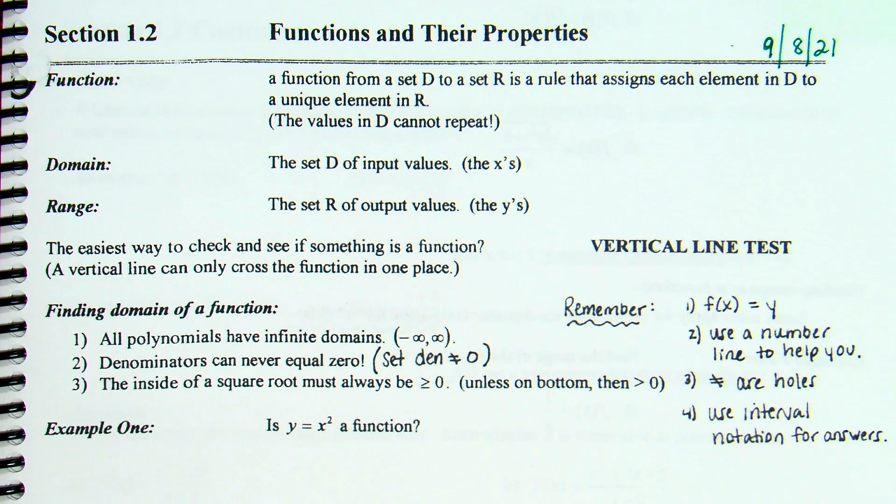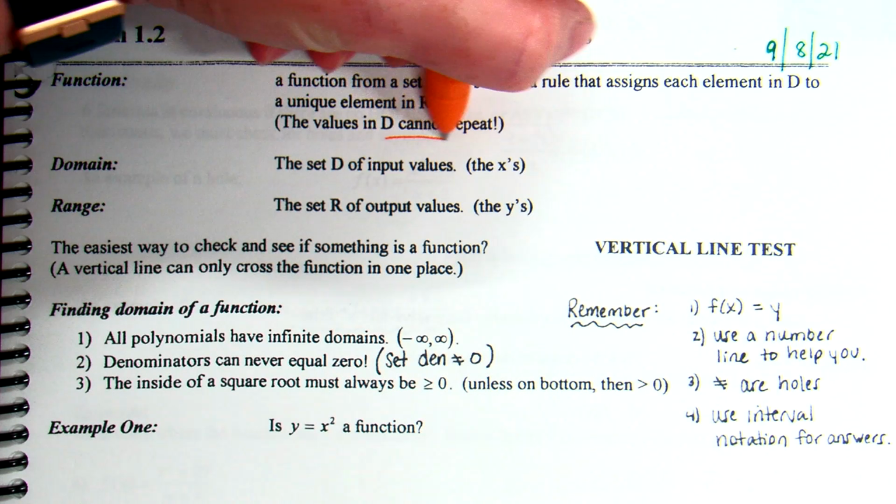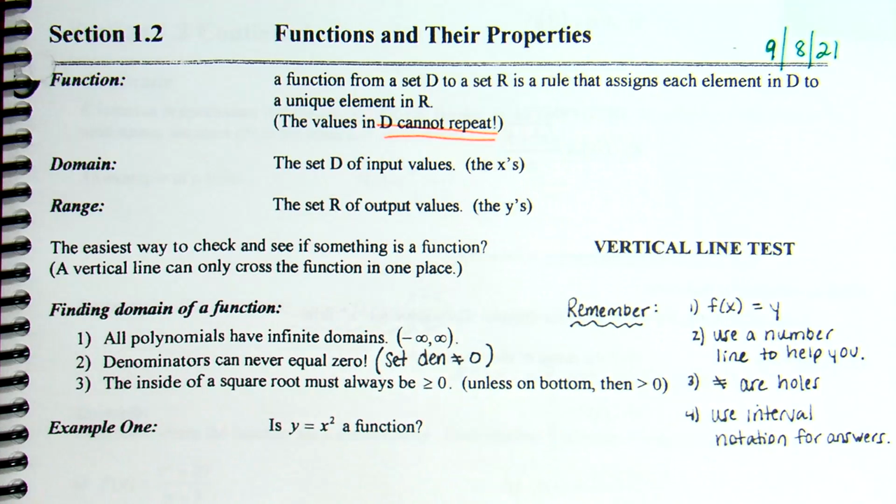Okay, so some things to remember there. For a function, the big thing is the values in the domain cannot repeat, so our x values cannot repeat. When we talk about D, that stands for domain. The domain is the set of input values, or in other words, the x's.